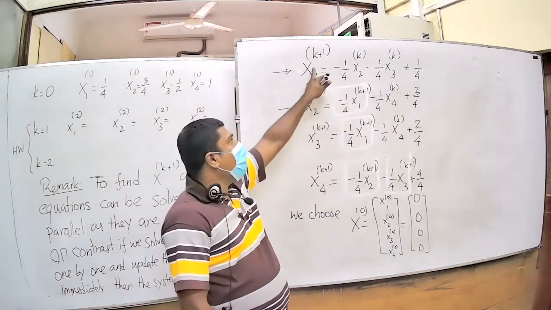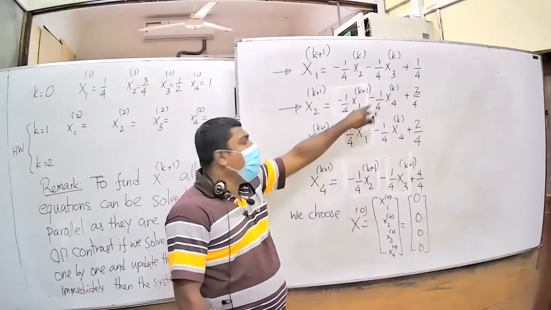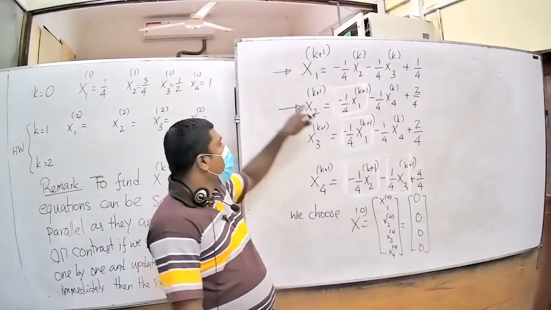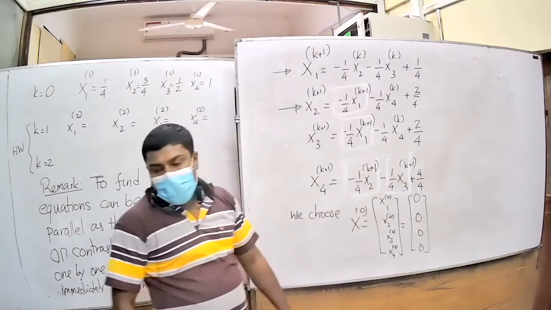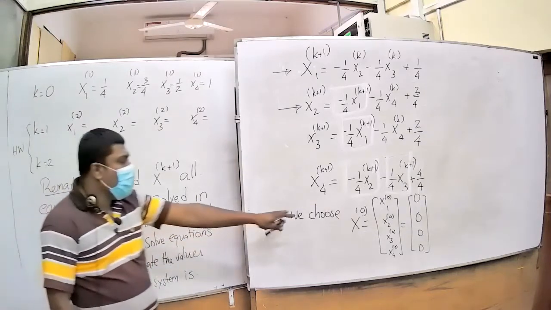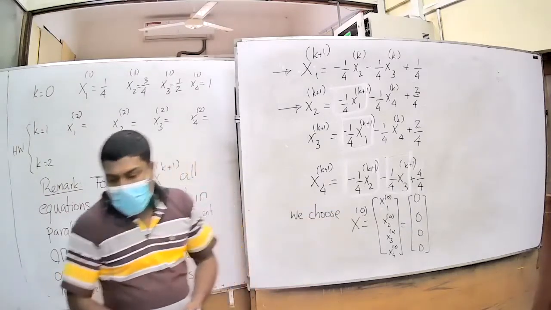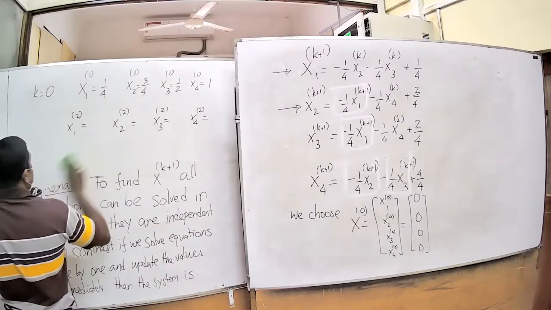So after computing x1^(k+1), you update it here. x2^(k+1) you computed, so you update it here. So in that case, if you choose this initial value, now you can see the calculation.